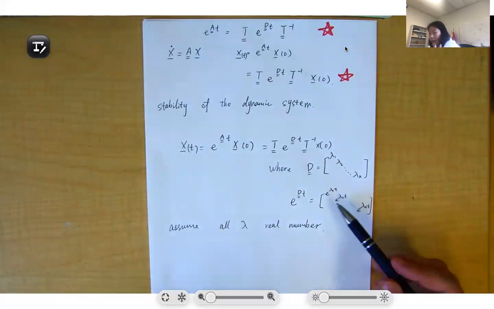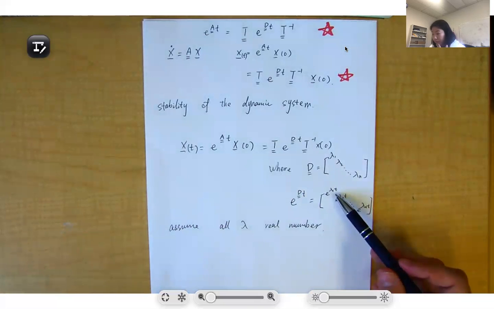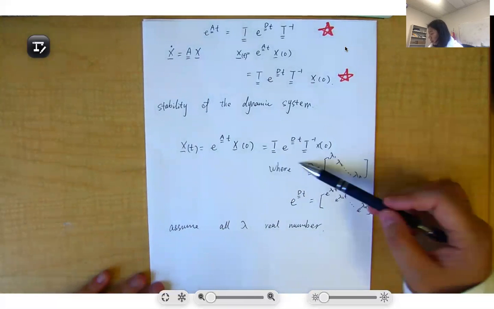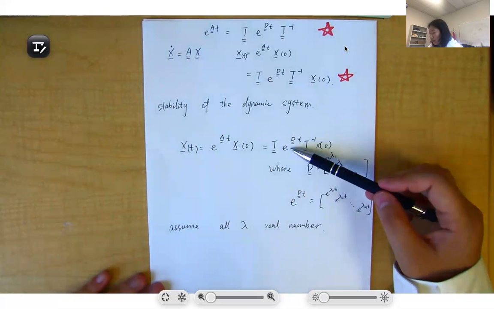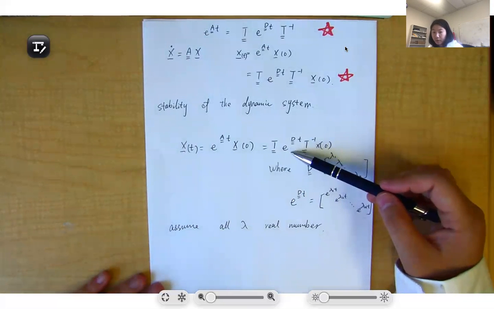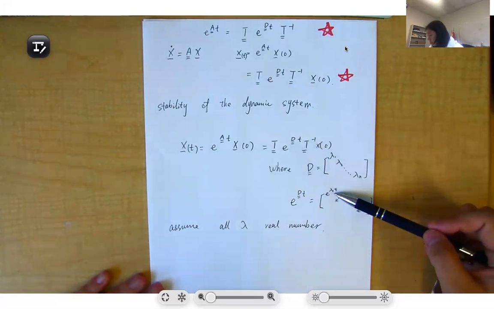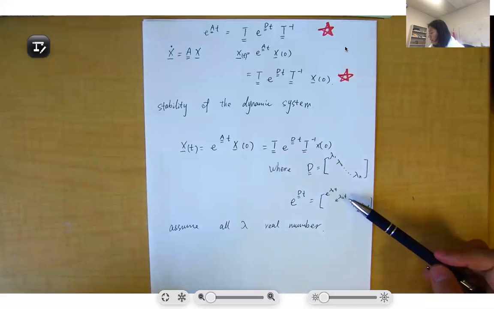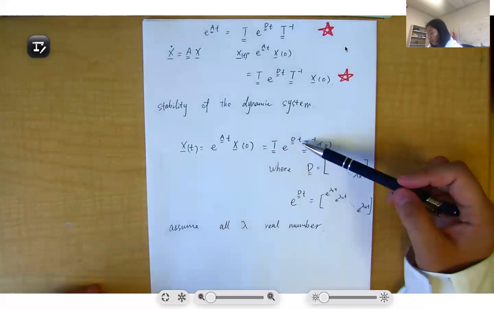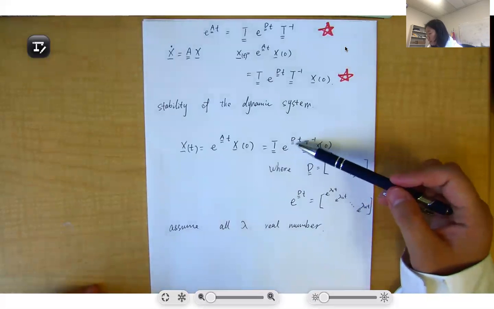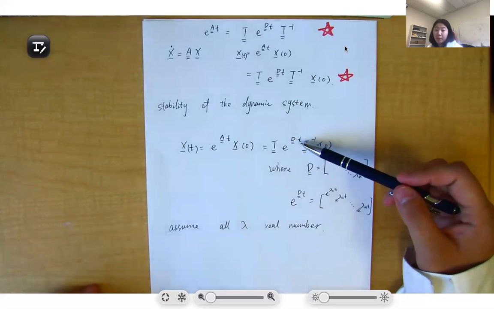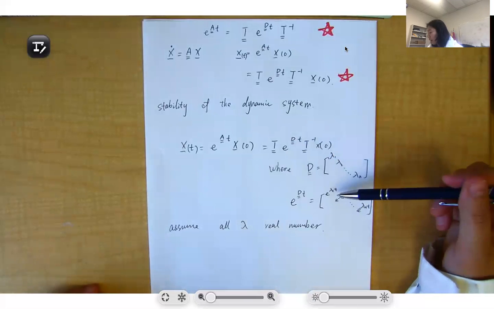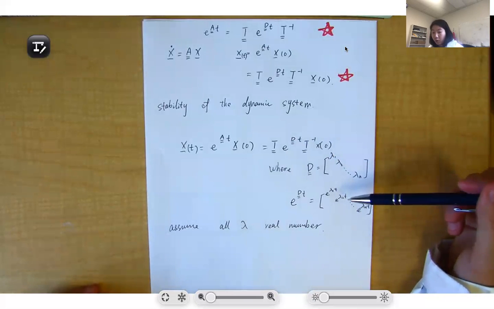So if one of the lambdas is positive, that means in that eigenvector direction it will explode. Well, if this lambda is smaller than zero, then it will converge. Basically, e to the lambda t, when t goes to infinity and lambda is negative, will converge.